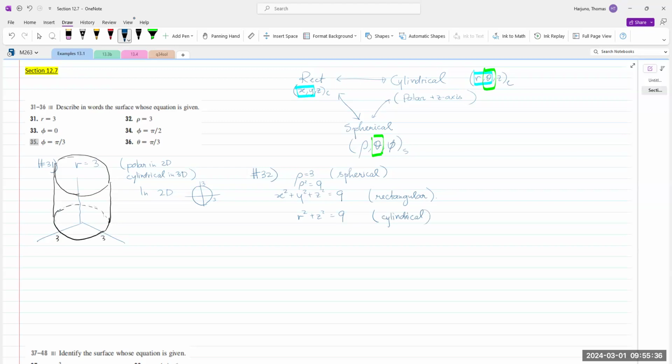Okay, this is a sphere with radius 3, centered at the origin.